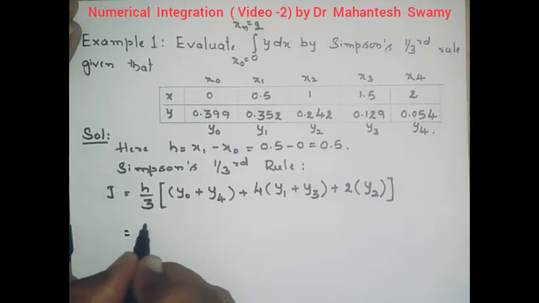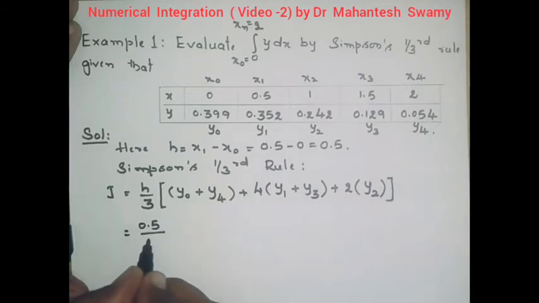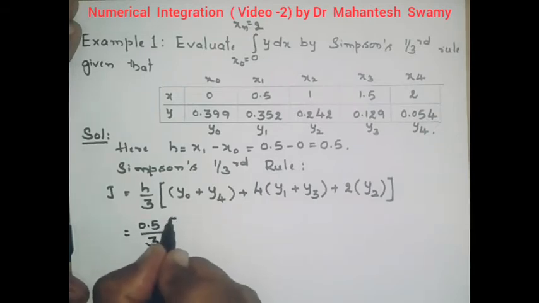So let us write down the value of h here, that is 0.5 divided by 3 into the bracket.